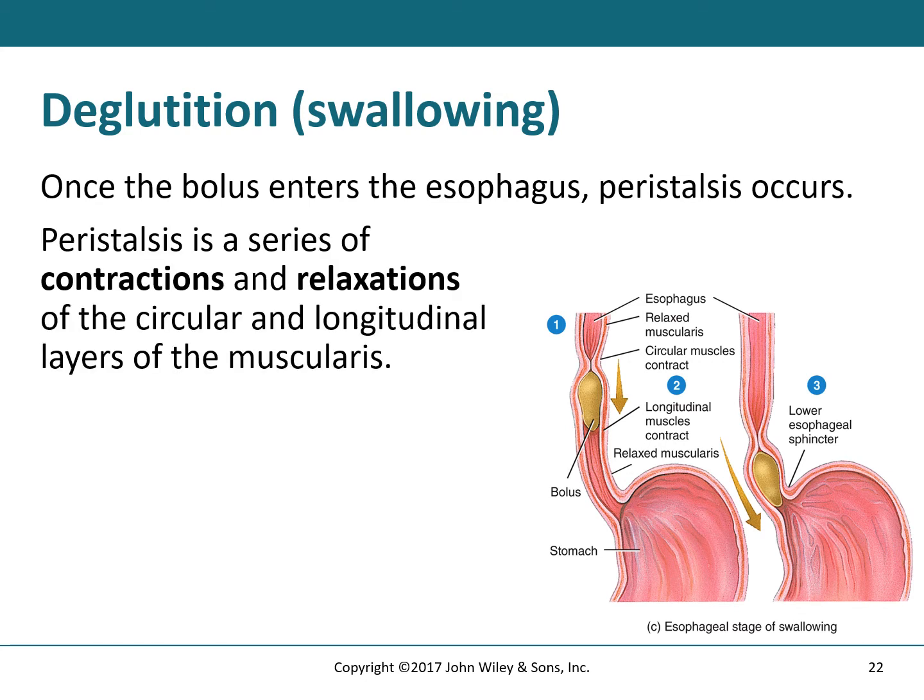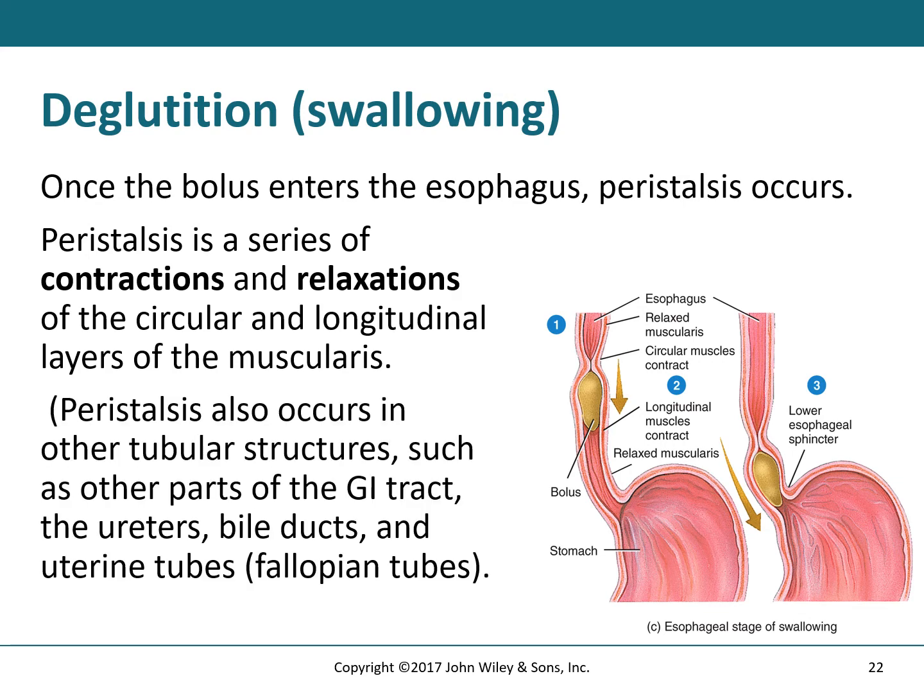Let's define peristalsis. It's a series of contraction and relaxation of the circular and longitudinal muscles of the muscularis layer. So basically, those muscles are going to crimp together and then slide down repeatedly over and over again to move the bolus of food down the esophagus into the stomach.